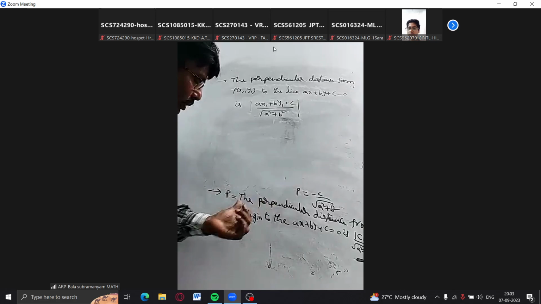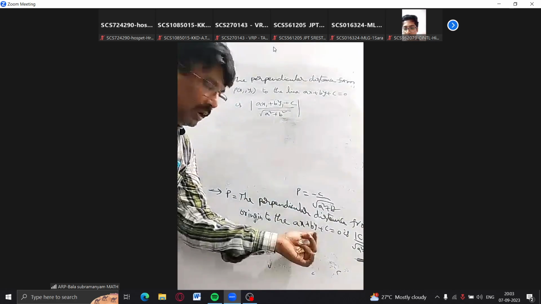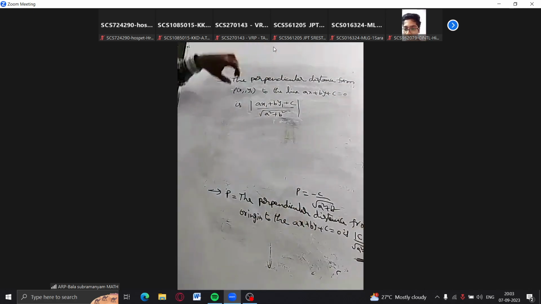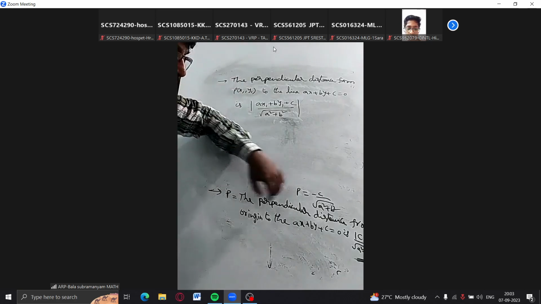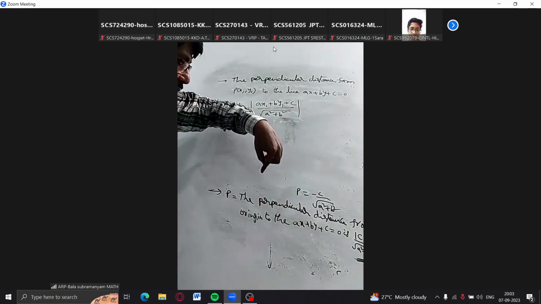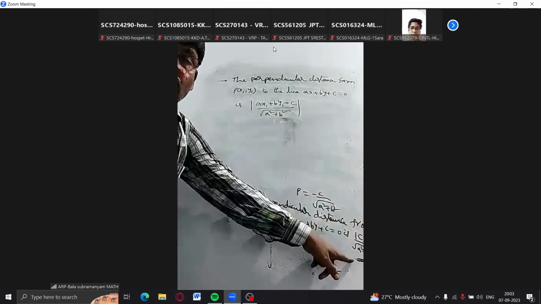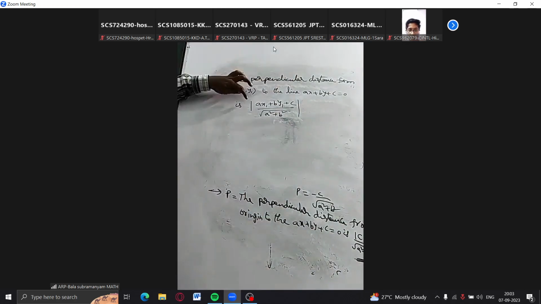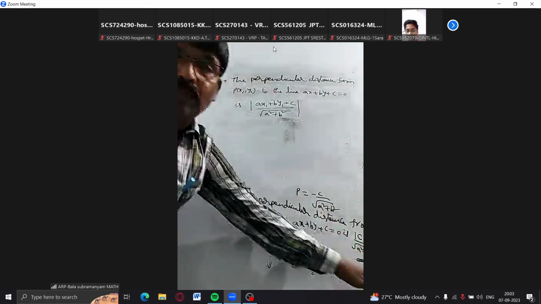From the normal form, we proved P is the perpendicular distance from the origin to the line. If the point is other than the origin, the formula is modulus of ax1 plus by1 plus c by root of a square plus b square. Now prove this one.